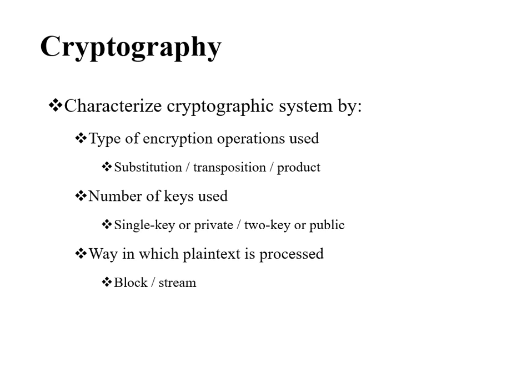Second is transposition, in which the elements in the plaintext are rearranged. The fundamental requirement is that no information be lost, such that all operations are reversible. Most systems are referred to as product systems, which involve multiple stages of substitution and transposition.